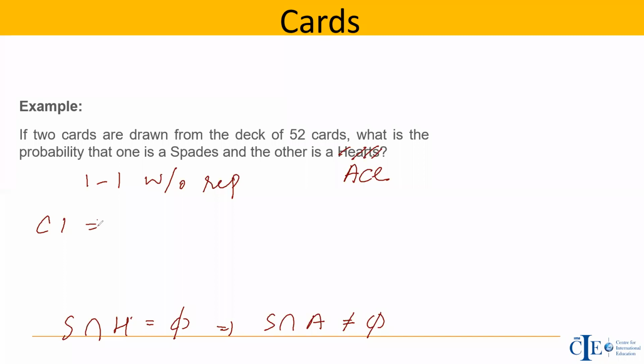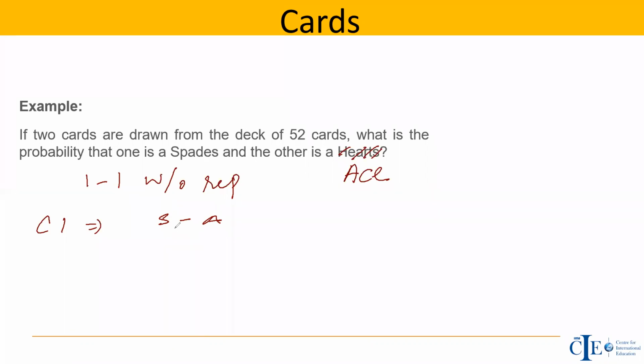Let's make it more clear. Let's just take one case where you draw a spade first and then an ace. The product would be the same. Now, in the first case, it matters which spade you drew.